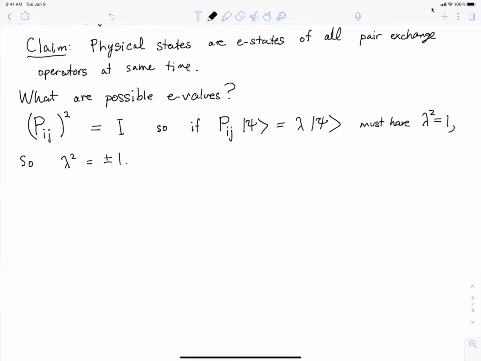Okay, so now I said as a claim that the physical states are eigenstates of all pair exchange operators at the same time. And we can make that more formal now by calling it a postulate.